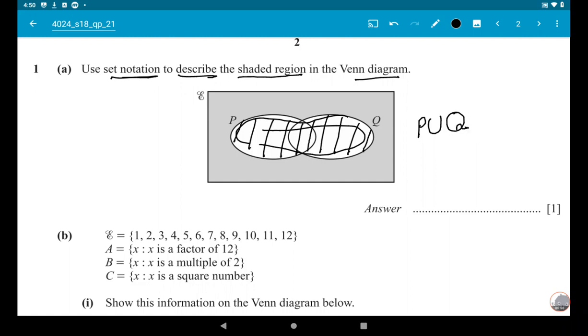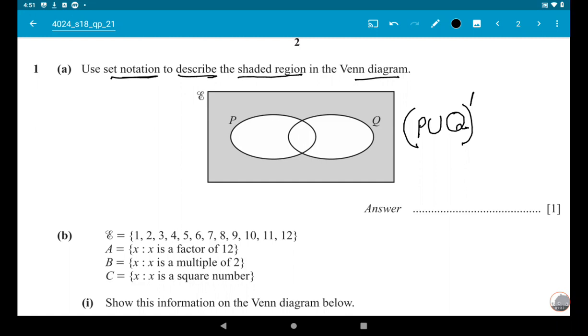So if we want to remove this part, so what should it be? Its complement. Then we can remove this. What do you think? Okay.